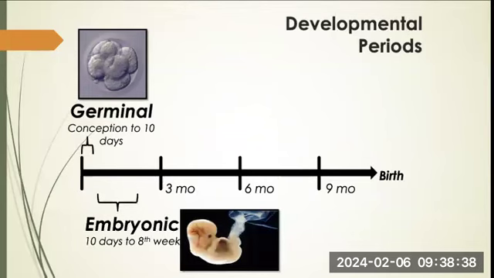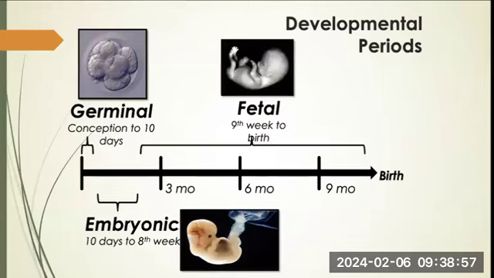Unfortunately, it's like 2 months, and many people aren't even aware they're pregnant at this point, right? Usually a woman figures it out because she misses a menstrual cycle. So that could be 6 to 8 weeks. So this embryonic period doesn't last very long, but it's when most of the major structures start to form, the organic structures. And then you have the fetal period, which is 9th week to birth.